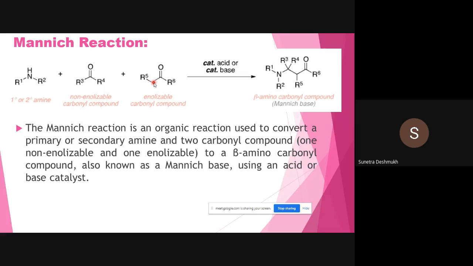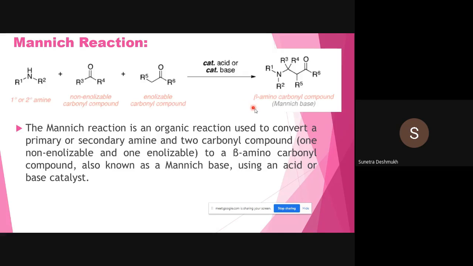Enolizable means we can remove the alpha hydrogen atoms. So on enolizable carbonyl compounds, the presence of an alpha hydrogen atom is compulsory. This reaction can be catalyzed by acid as well as base. Both catalysts, acidic or basic, we can use to conduct this reaction.